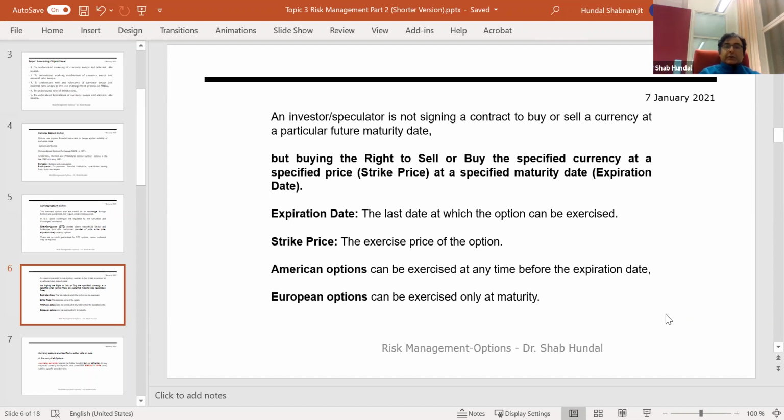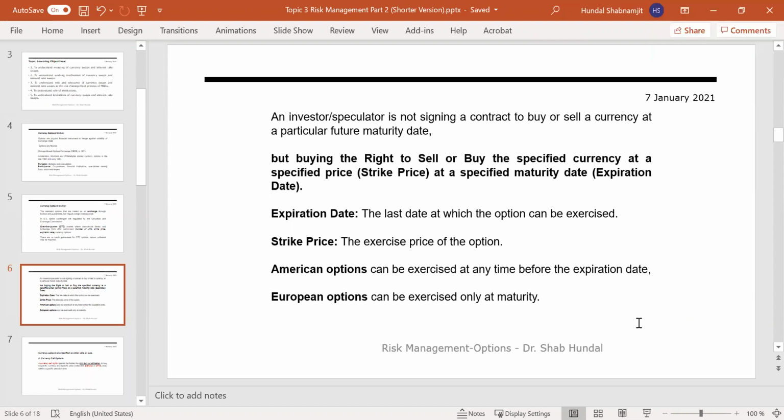So you can exercise the contract anytime you wish. Remember the futures. In case of future, there is a deadline, but most of the times the contracts expire before the deadline. On the contrary, we have the forwards. The forwards only mature, the forwards only get exercised on the day of expiry or maturity.